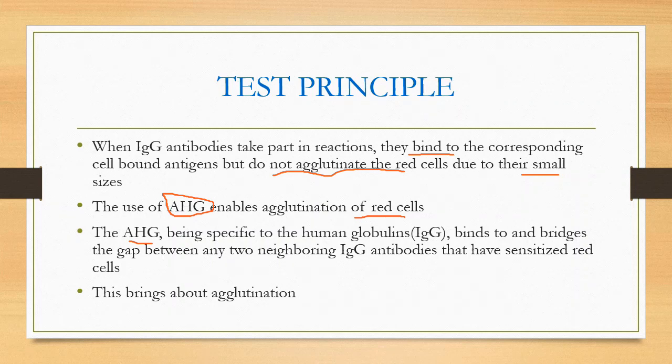So when sensitization takes place, the IgG will have bound the antigens on the red cell surface. Now, anti-human globulin binds to these antibodies to be able to bring about agglutination.